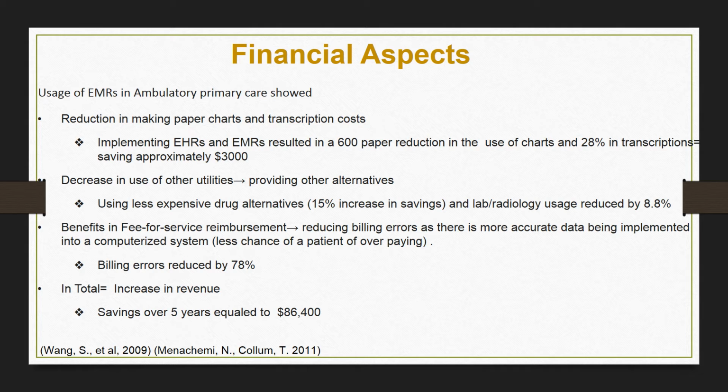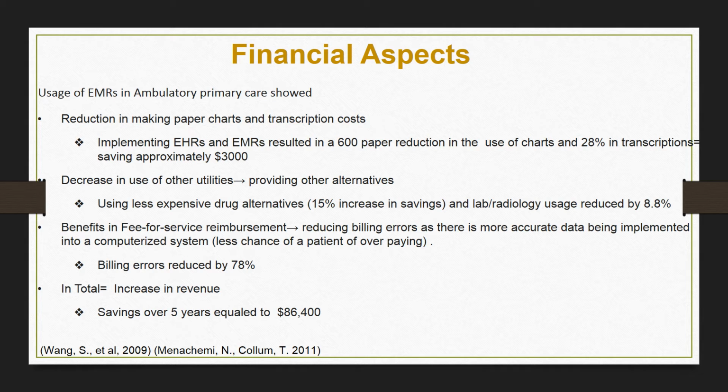There was also a decrease in the use of other utilities by providing simpler, more beneficial alternatives. Using less expensive drug alternatives resulted in a 15% increase in savings, and lab and radiology usage was reduced by 8.8%. Other factors resulted in benefits in fee-for-service reimbursement by reducing billing errors, as there is more accurate data being implemented into a computerized system.